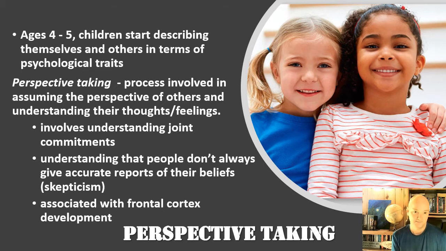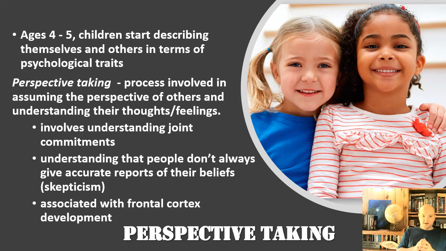Like, and I think when we can start to take a little bit of that perspective, the ability to understand each other changes, and that's something that we start to see emerging. As a child gets to 4 or 5, we start seeing them understand things like psychological traits differently.